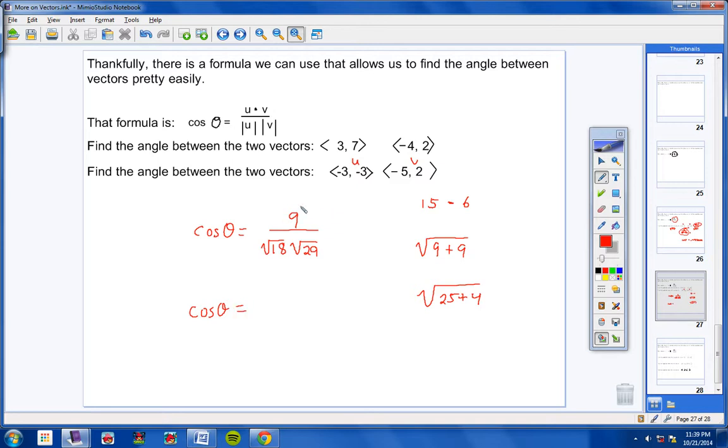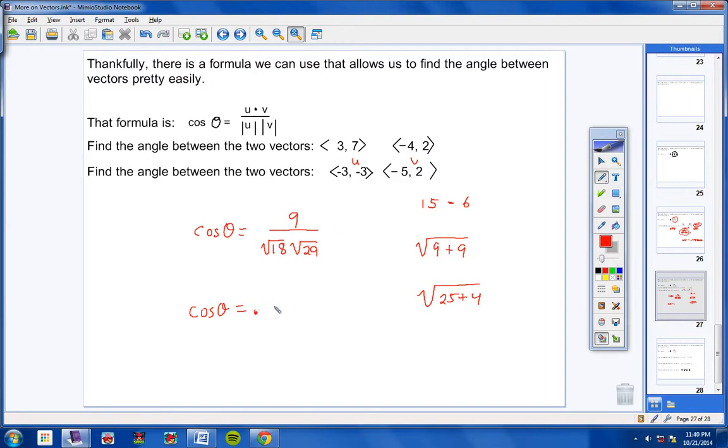So I'm going to go ahead and type this fraction into my calculator. And you can do that however you want to. Just make sure you get it correct. And I'm getting this right here.